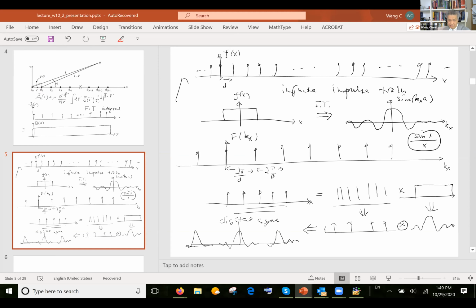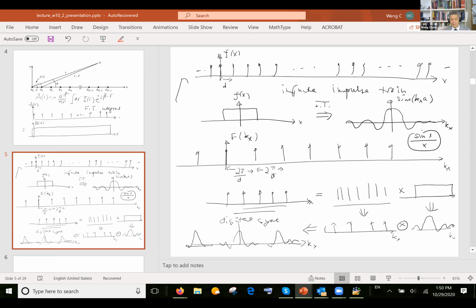And then when you change the phases on this thing, you can just delay. You add them with a linear phase, and the Fourier transform will be just shifted in the Fourier space. This is in the Kx space. This is Kx. Is this clear?